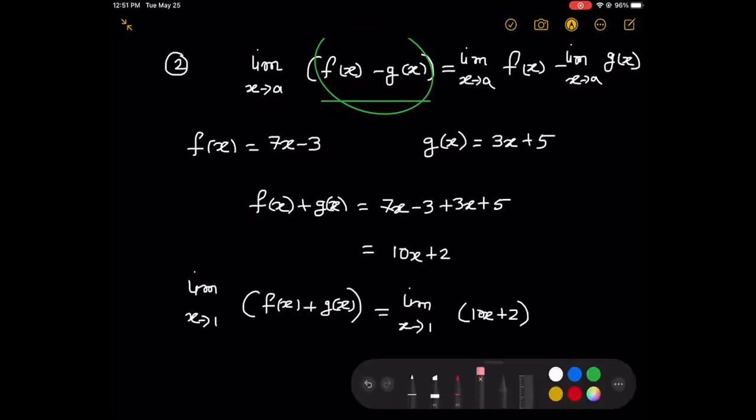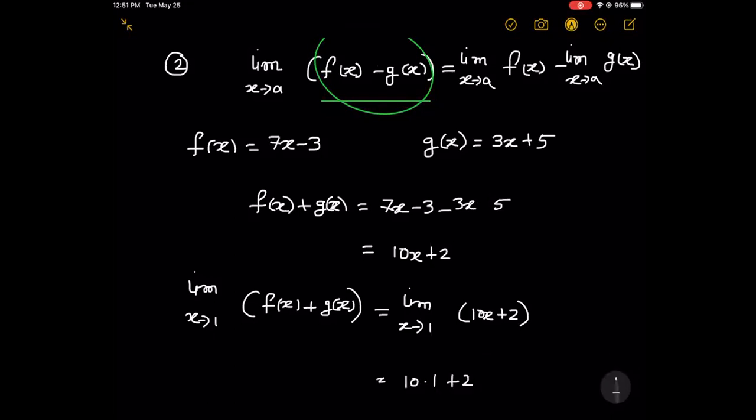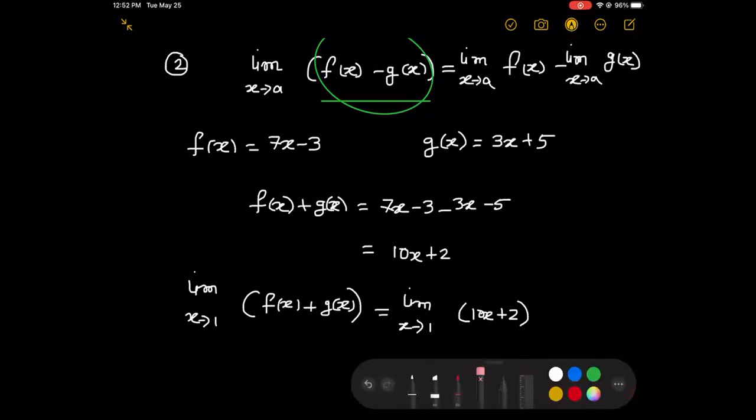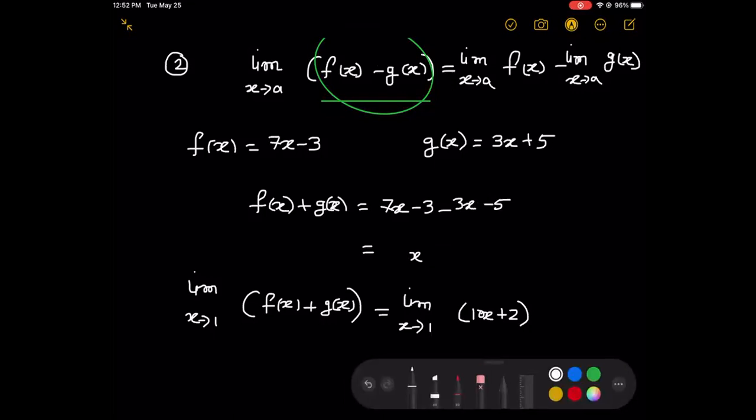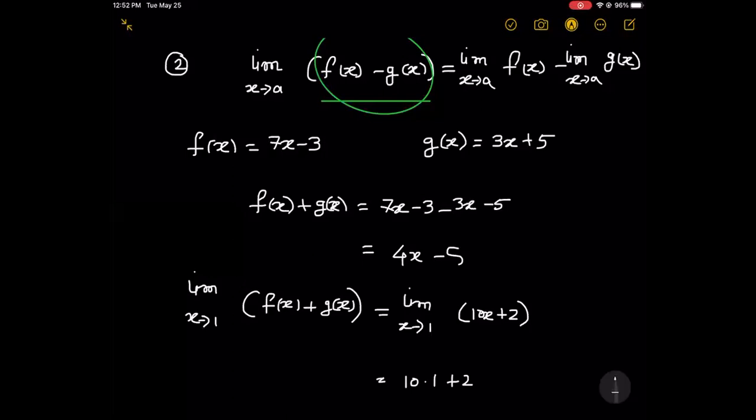So if I remove this, it will be minus. So I'll have 4x minus 8. If I subtract the functions I have, I get 4x minus 8, right? So now let's do that.